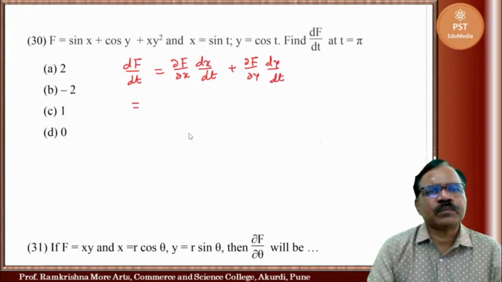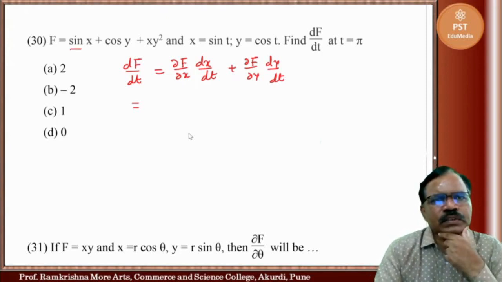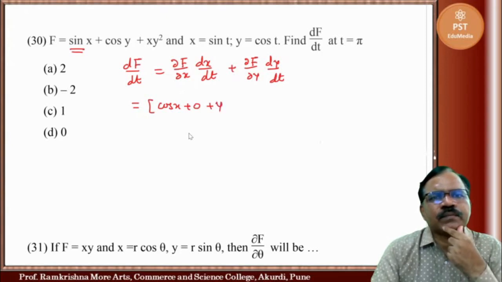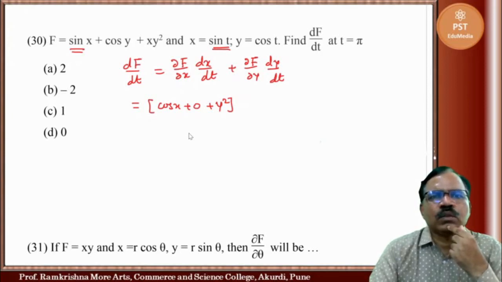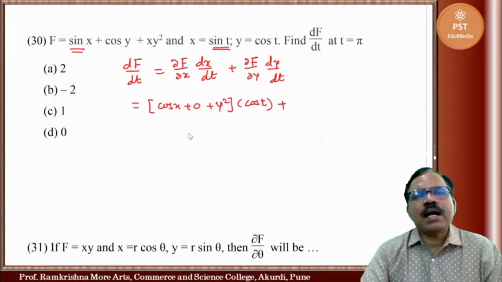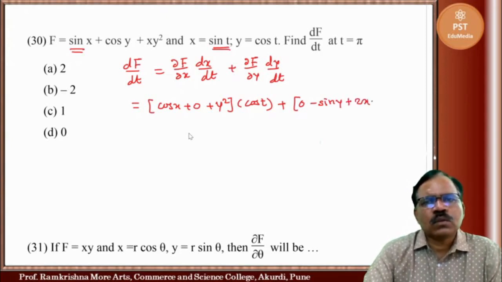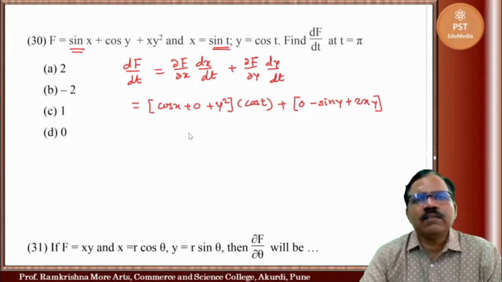Now f is this, so ∂f/∂x, here we will get cos x plus 0 plus y square into dx/dt, x is sin t, so cos t, plus ∂f/∂y, so ∂f/∂y is 0 minus sin y plus 2xy into dy/dt, that is minus sin t.